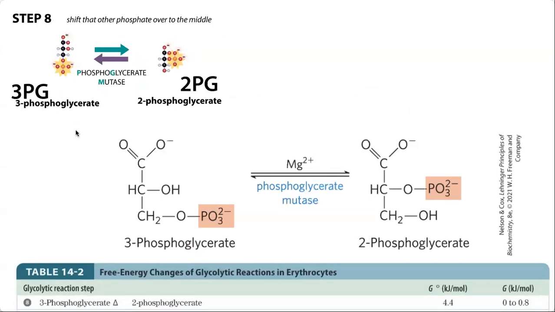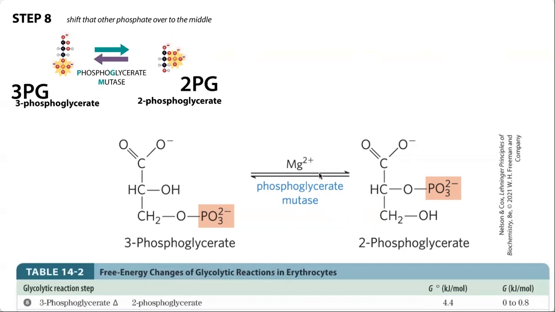But we can set things up to be powerful enough by using phosphoglycerate mutase. Basically, we're going to shift the position of the phosphate over to the middle. And you might think, okay, what's the big deal about sticking it in the middle? The big deal is that we're setting ourselves up to form a very, very favorable interaction.